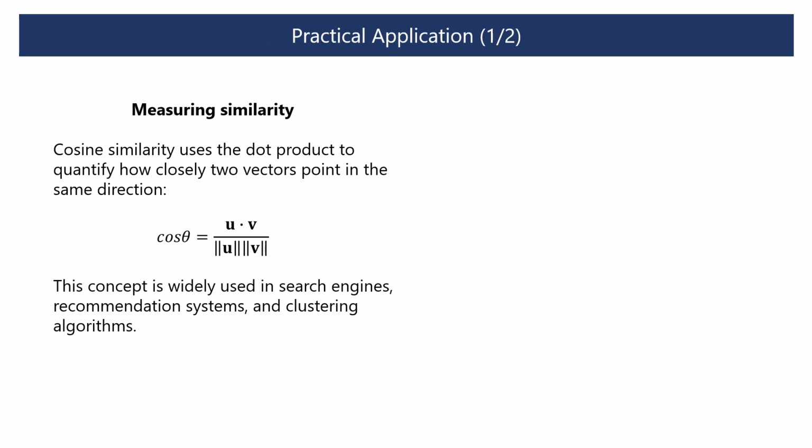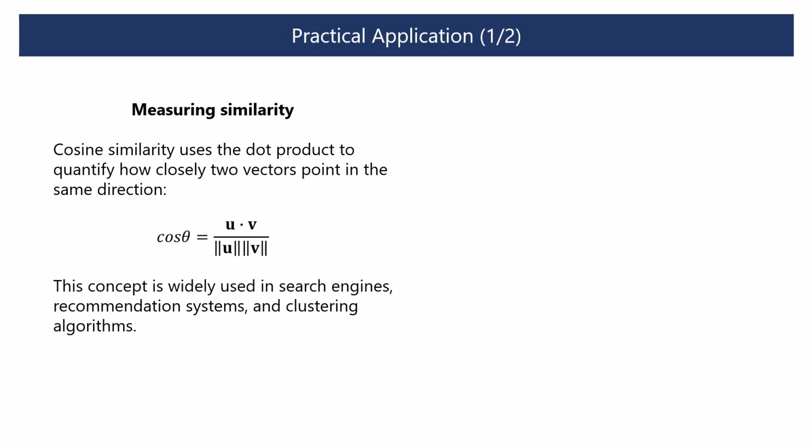Now, let's explore how the properties of the dot product connect to practical applications. We'll focus here on three main areas: measuring similarity, vector projection, and optimization algorithms. First, measuring similarity.